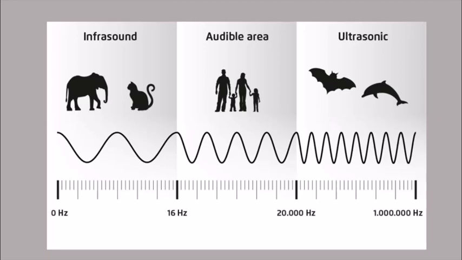Common examples of ultrasound producers are bats, mice and dolphins. So these are the three types of sounds: infrasounds, audible sounds, and ultrasonic sounds. Audible sounds are those we can hear between 20 hertz and 20,000 hertz.